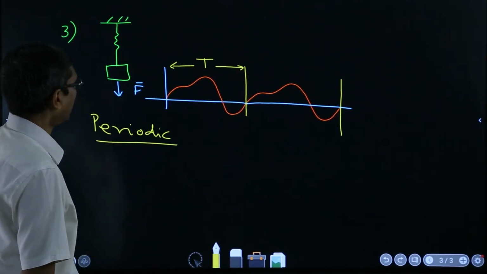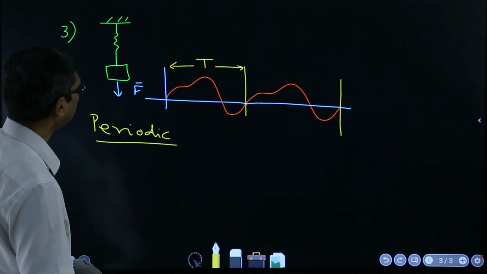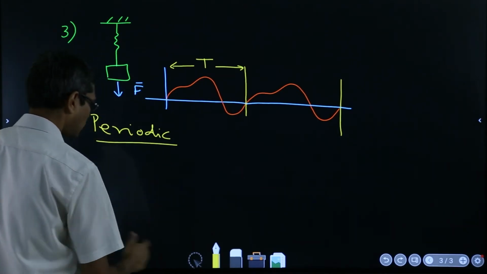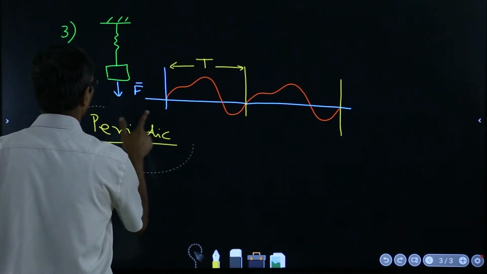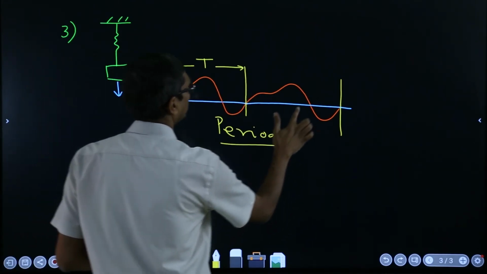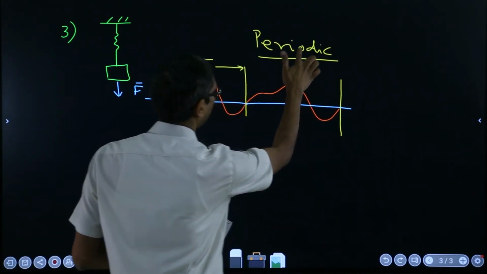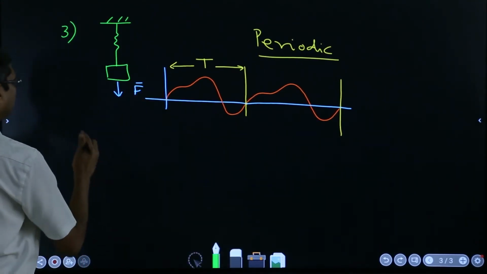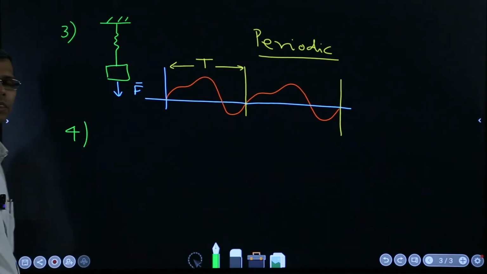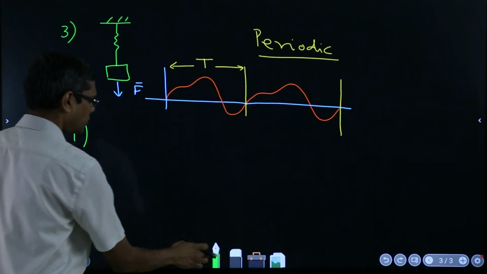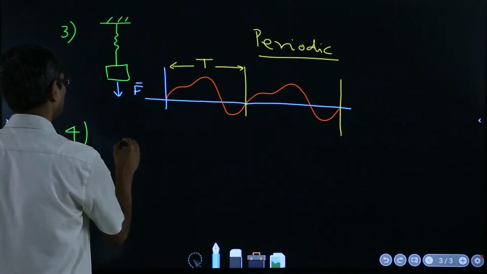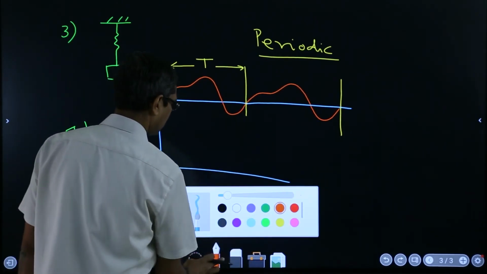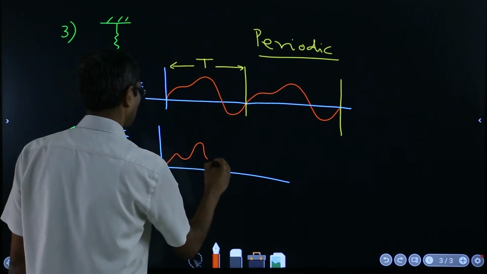Okay, so this is periodic. Now the fourth case, in the same system, just the force has been changed now to a completely arbitrary shape.